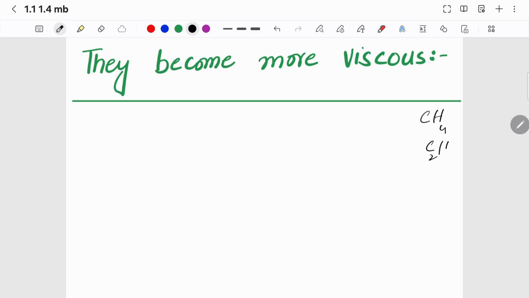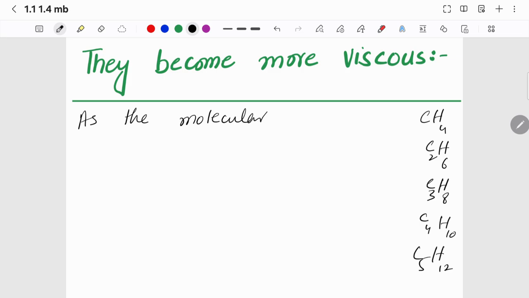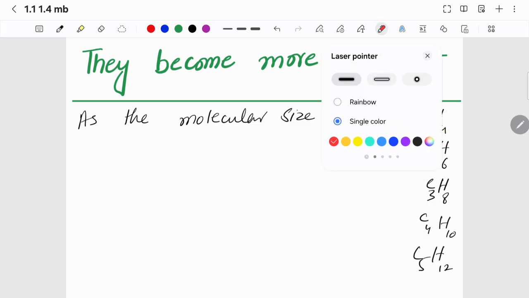First is CH4, then C2H6, then C3H8, C4H10, C5H12, and so on. So as the molecular size increases, as you can see, they increase. It is CH4, then C2H6, then C3H8. So more atoms are being involved.